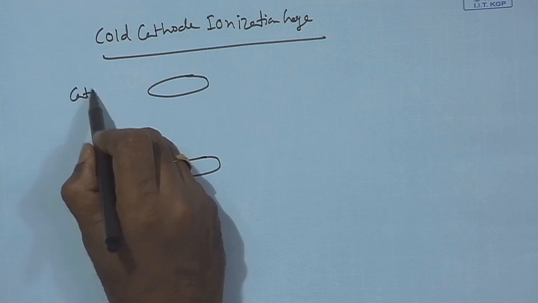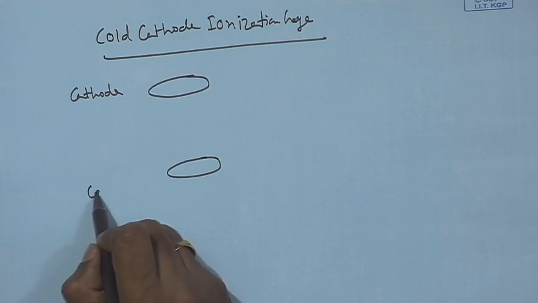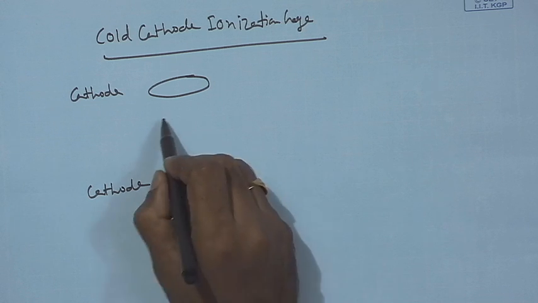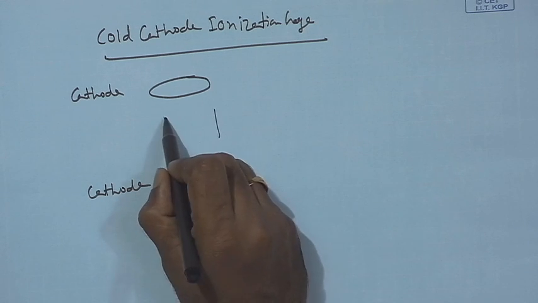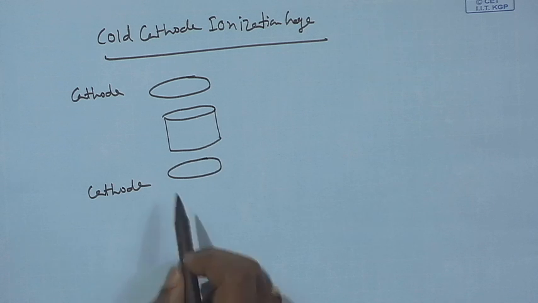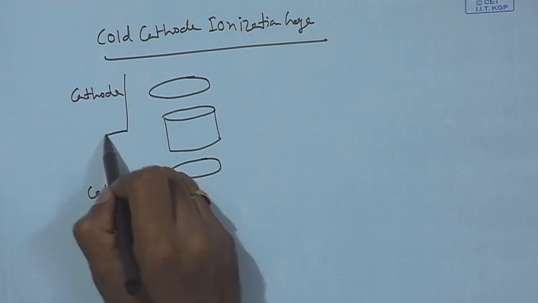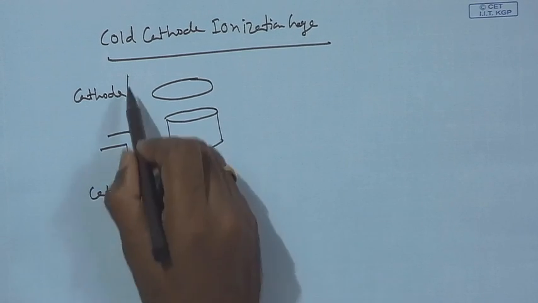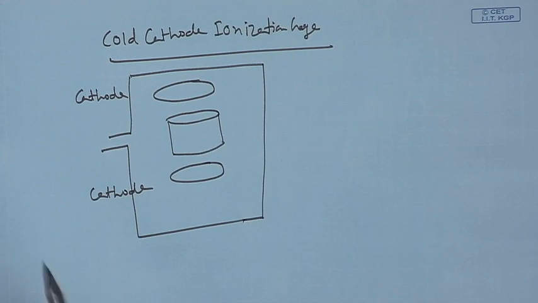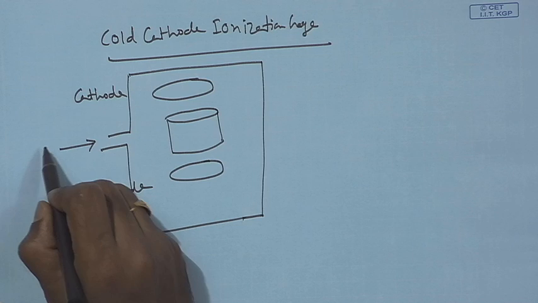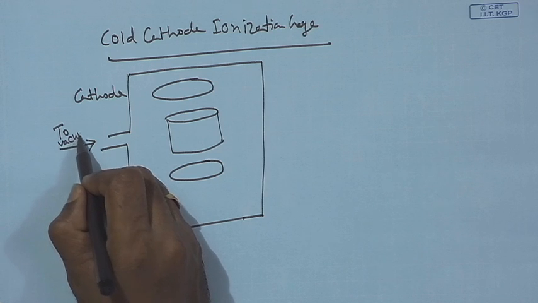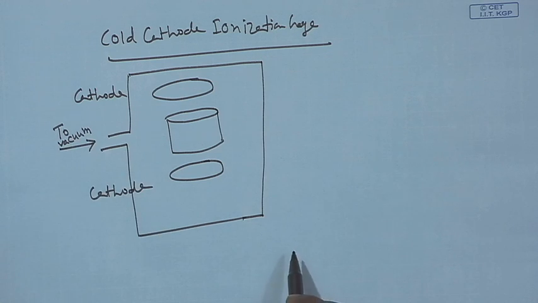We have a pair of cathodes and a hollow anode. This is the enclosure, connected to the vacuum source.